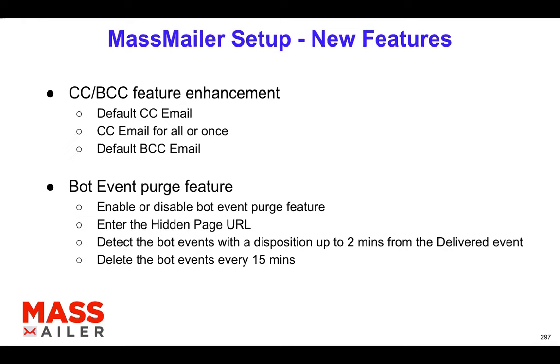And also CC email was just limited to a specific email address, but we also extended that so you can CC on every single email or one email. And also you could select the default CC and BCC email field for any specific object. So there are a few enhancements that we made.